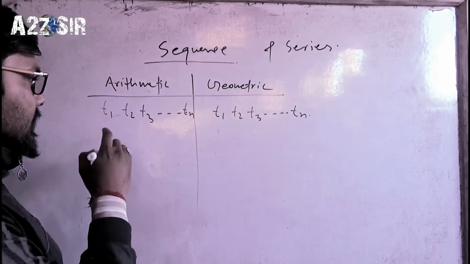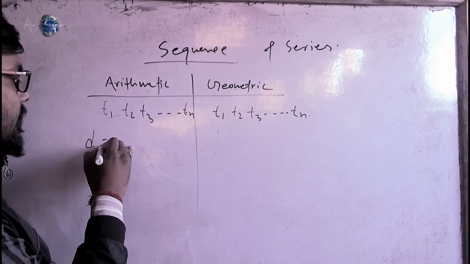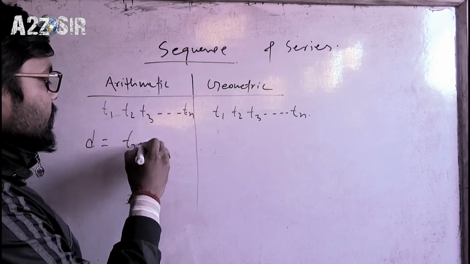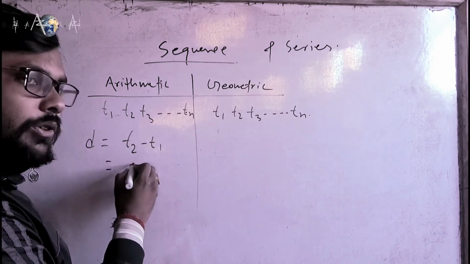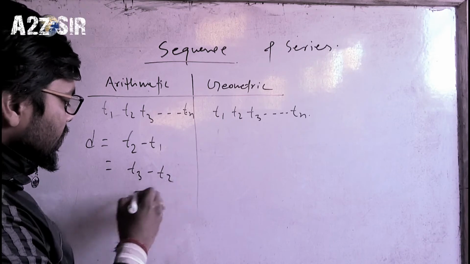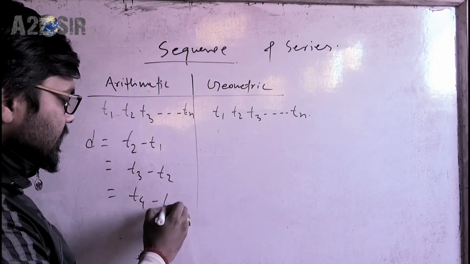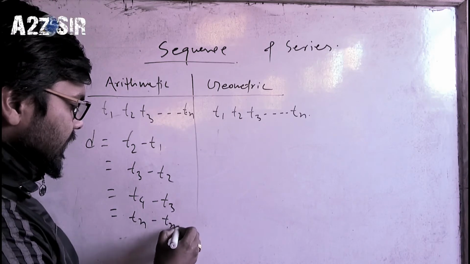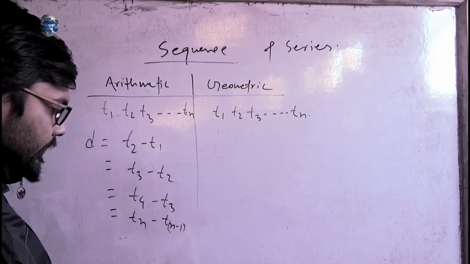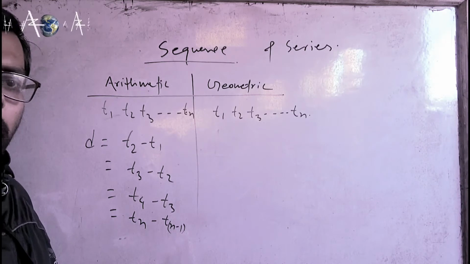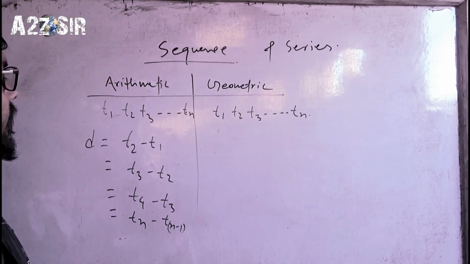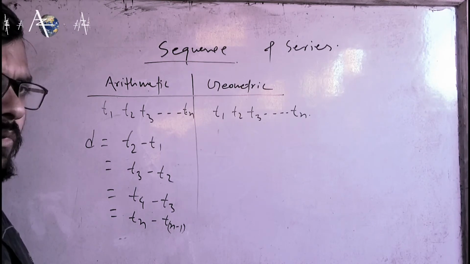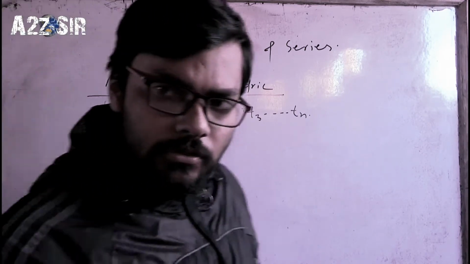In this, if we have to find the difference, then we go for T2 minus T1, always equal to T3 minus T2, always equal to T4 minus T3, and so on, Tn minus Tn minus 1. This is the common difference of the sequence.